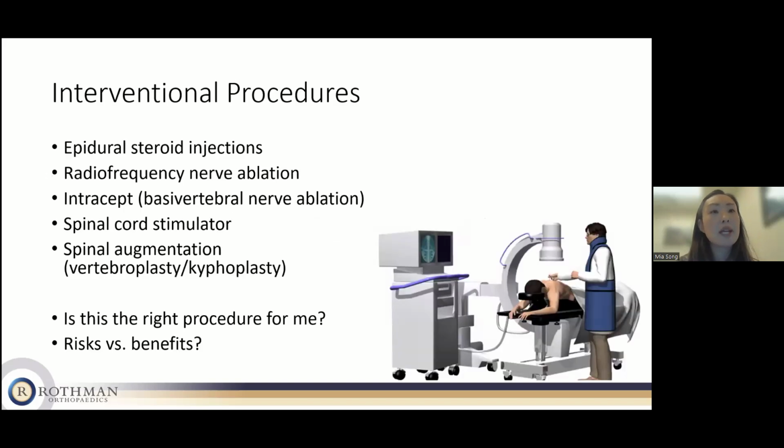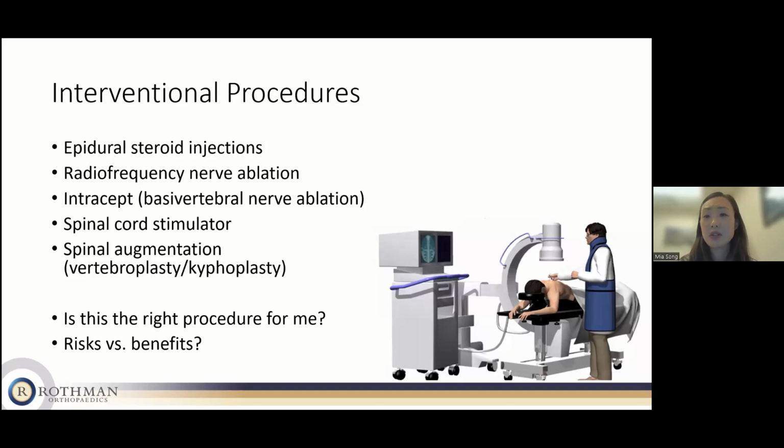For some patients who don't get relief with the other treatment options mentioned before, we can consider things like interventional procedures. This includes things like epidural steroid injections, sometimes radiofrequency nerve ablations. There's an Intracept procedure, which is a basivertebral neuroablation. Some patients benefit from spinal cord stimulators, and then spinal augmentations mentioned here, which is also called vertebroplasty or kyphoplasty, and that's specifically just for patients with compression fractures.